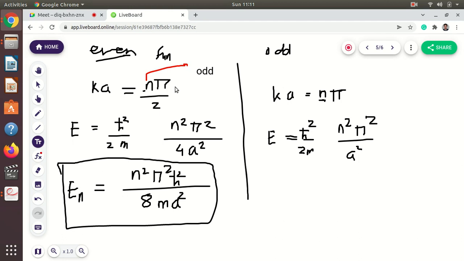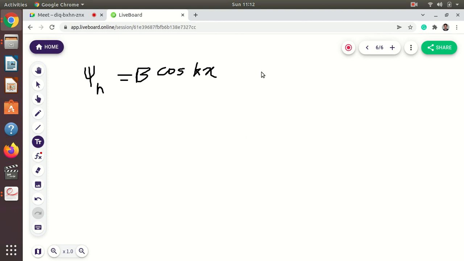Cos pi is -1, cos 2 pi is 1, but they are not 0. So this condition will not follow. Therefore, n has to be odd if we use this part of the wave function. So for this, n has to be 1, 3, 5, 7 and so on.